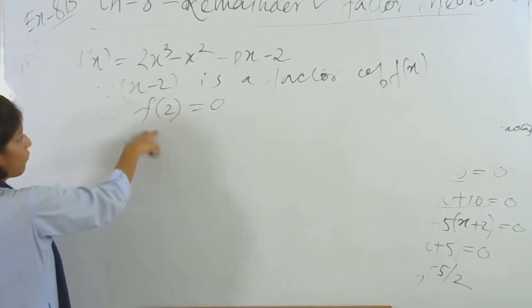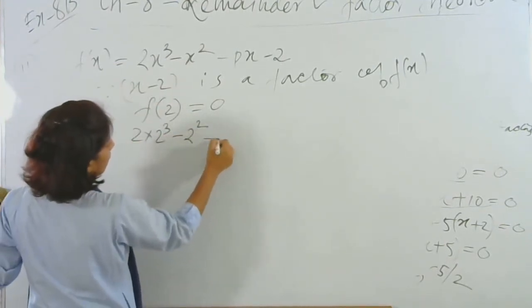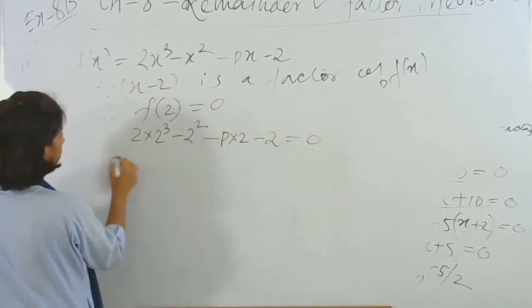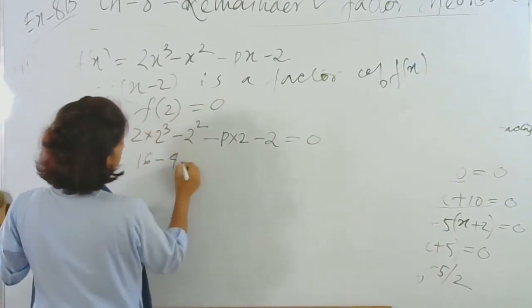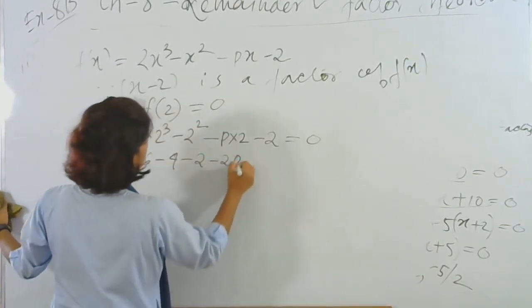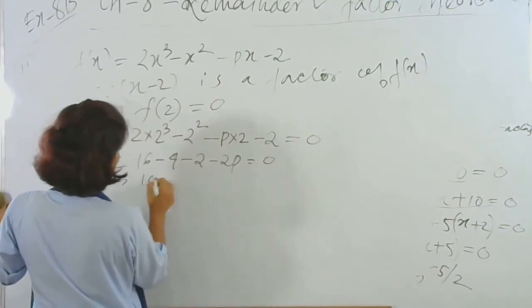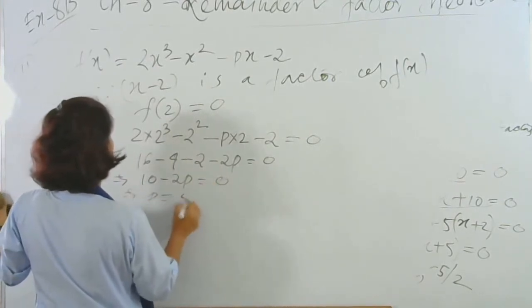Now what is f of 2? I'll put here 2 into 2 cube minus 2 square minus p into 2 minus 2 equals 0. So 2 times 4, 4 times 2 is 8, 8 times 2 is 16. From here, if you solve, we'll get p to be 5.